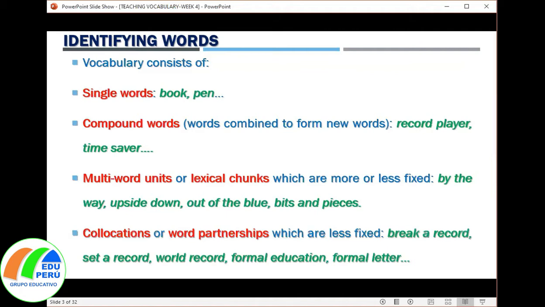So we have these different kinds of words: single words, compound words when you join two words, multi-word units or lexical chunks, where you have some words connected with each other. Collocations or word partnerships: you have 3 or 4 words together that are more or less fixed, that you're going to use together. So these are the different kinds of words that compose a vocabulary or a lexicon.